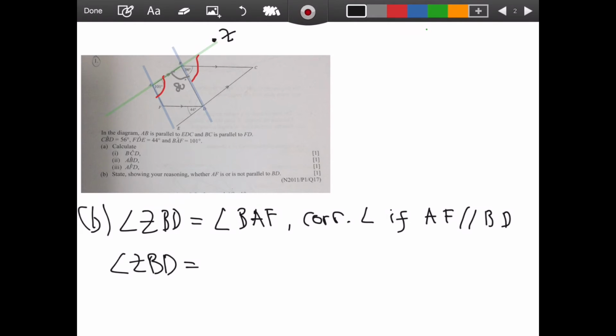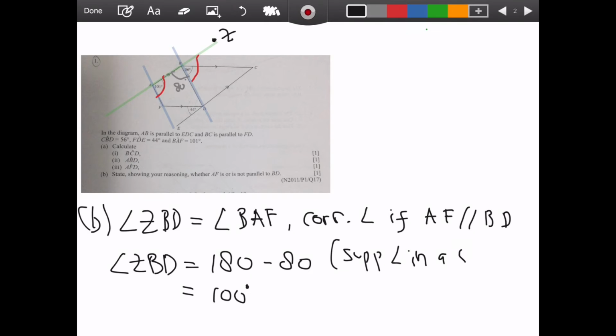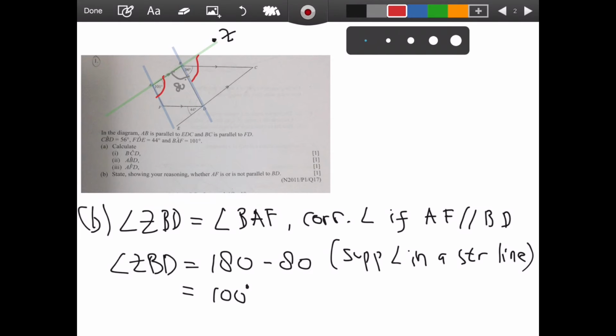Remember, a supplementary angle in a straight line has to be equal to 180, right? So you do 180 minus 80, and you find that this is equal to 100 degrees. The reason is that this is a supplementary angle in a straight line, correct? So this is 100, and this is not equivalent to 101.